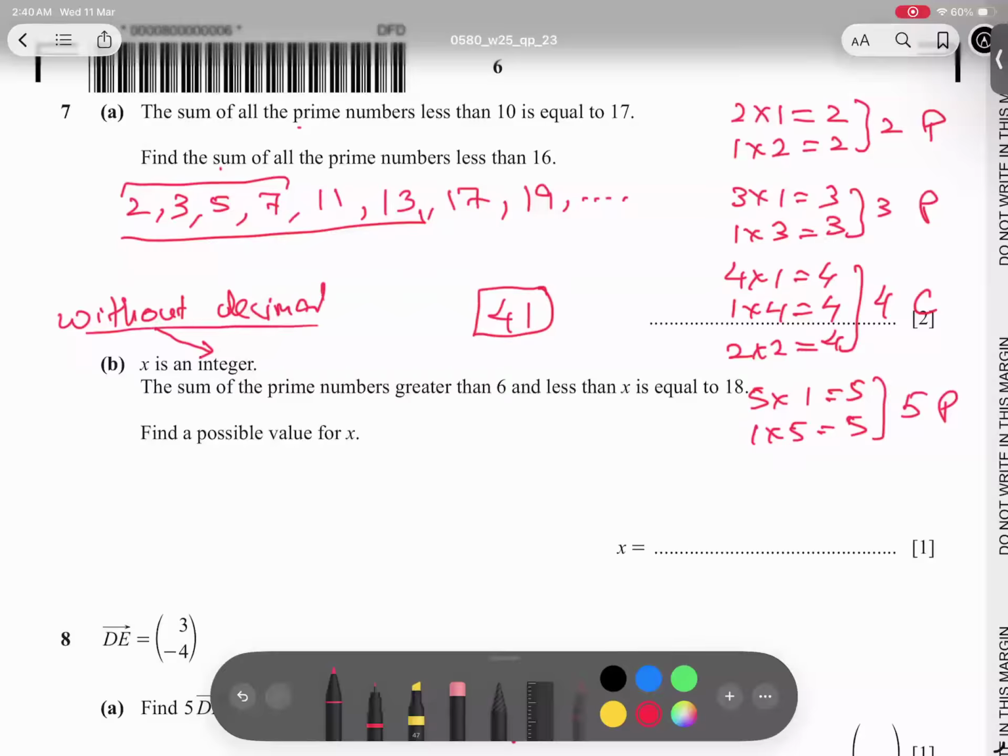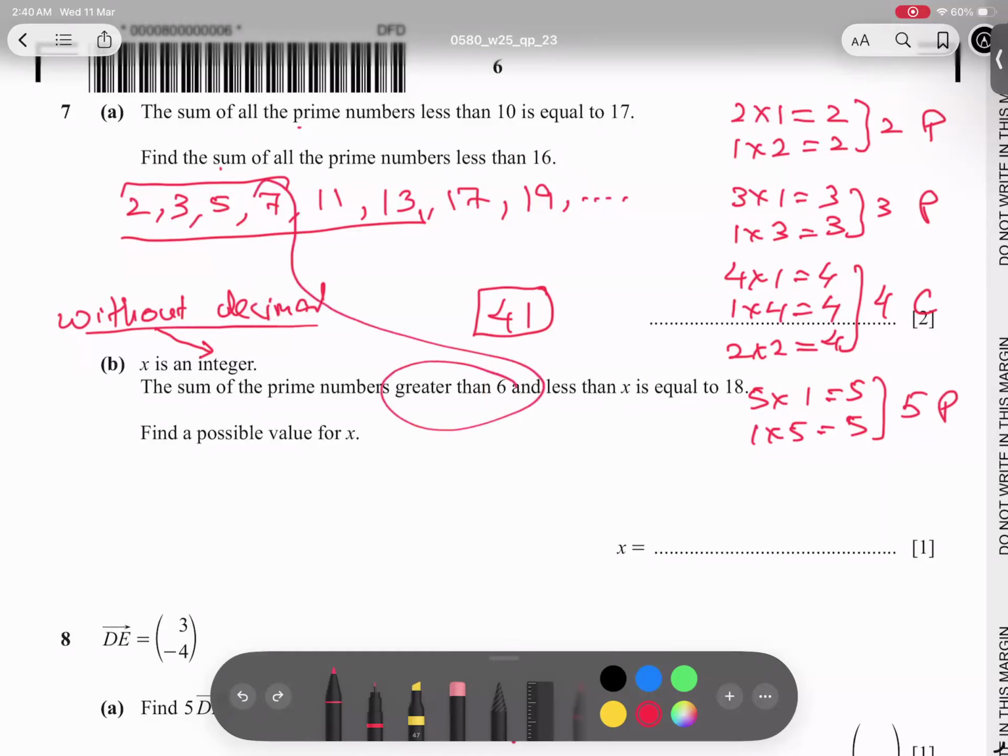So the sum of the prime numbers greater than 6 and less than x, where x could be any number, equals 18.